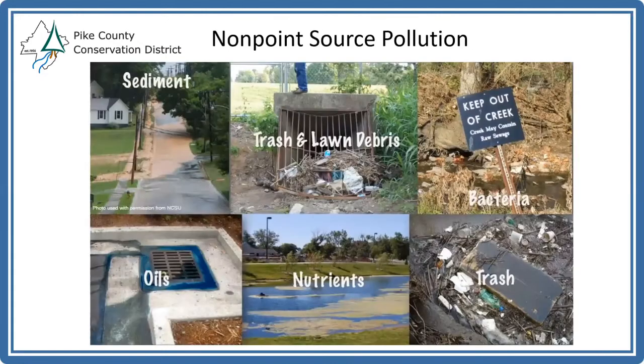So here we have some images of non-point source pollution. You can see the very top one to the top left, sediment. If you've ever seen a river after a storm and the water looks like chocolate milk, that's all sediment in there. And it might seem a little counterintuitive because you might be thinking, it's dirt and it's in water. That's all natural stuff.